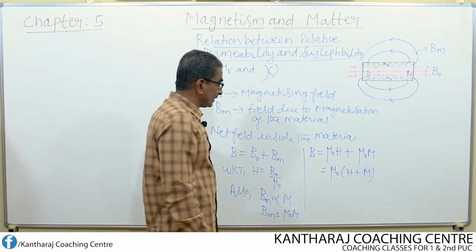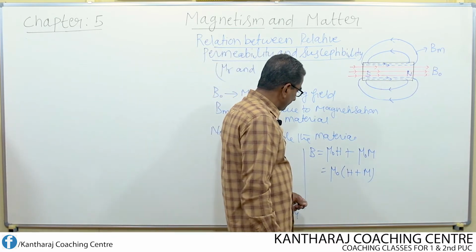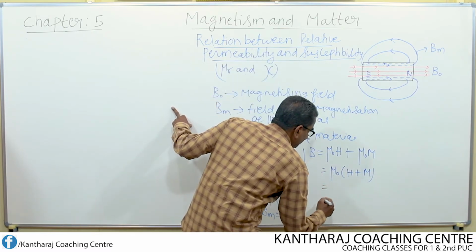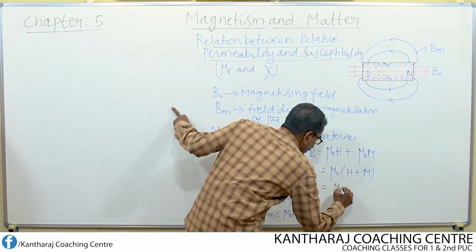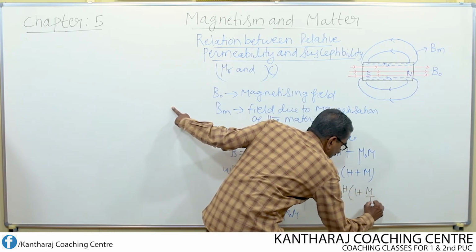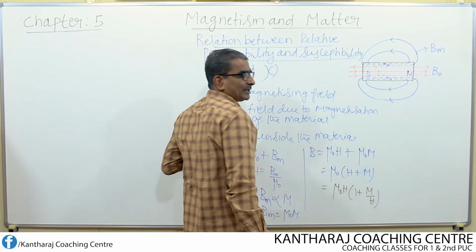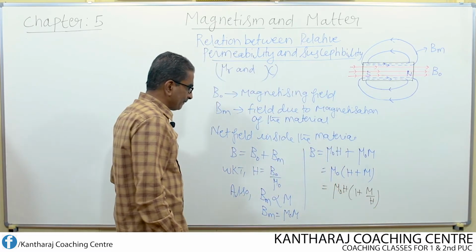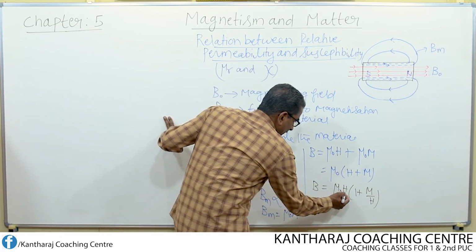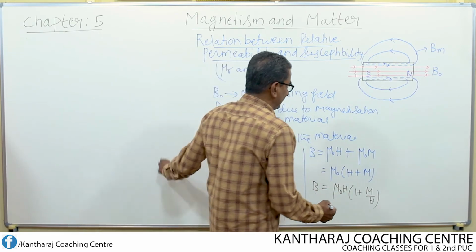Next, I remove H also outside, then it becomes mu naught into H times 1 plus M by H. B is left on the left-hand side. Cross multiply and bring H to the denominator of this side.